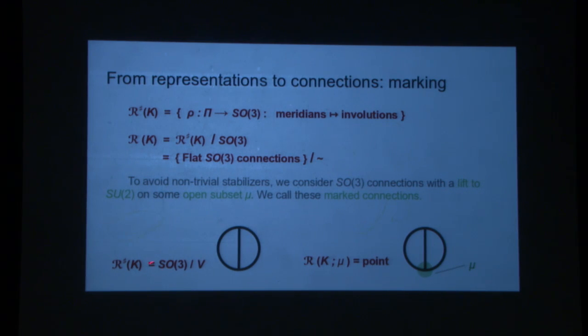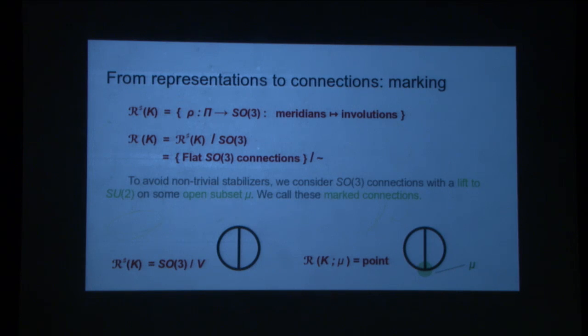In this particular example, I said it was a copy of SO3 divided by the Klein-4 group. This is the flag manifold. This would have non-trivial stabilizer, the Klein-4 group, if I divided by SO3 acting by conjugation.